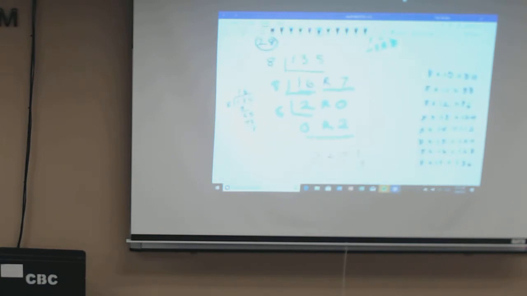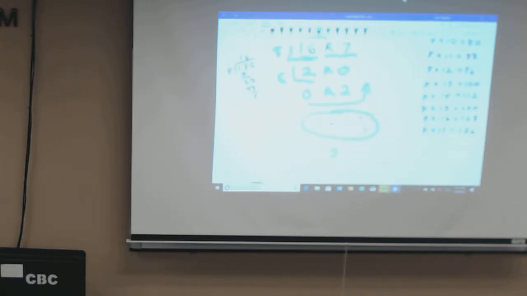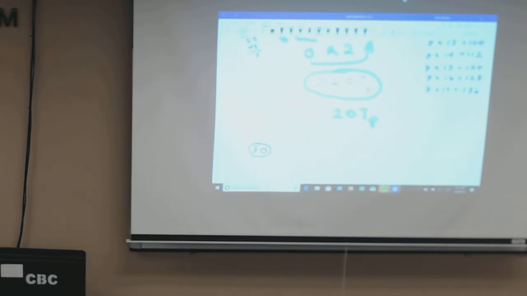Remember, you go this direction when you're reading it. 0, 2, 0, 7 in the base 8, which is the same as 2, 0, 7 in the base 8. And don't say 207. That kind of pronunciation is only for the decimal system. It's 2, 0, 7.